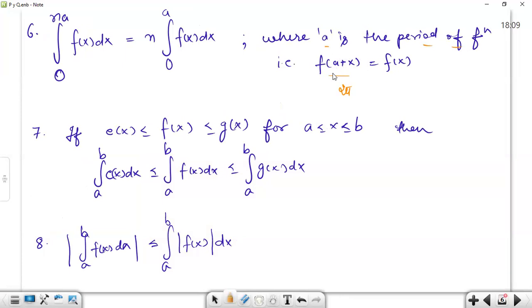So a is just like that. A will just get neglected if it comes in the form of integer multiples. So here, if there is a function whose definite integration is happening from 0 to n times a, then n can be simply written in front, as a multiple of the definite integration of the function from 0 to a. Is this property clear?